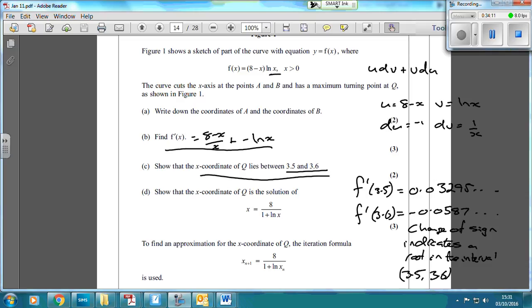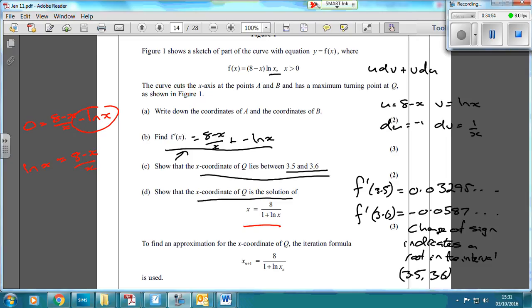Okay, show that the x-coordinate of Q is a solution to this. So now what we do is we're finding the actual x-coordinate. We're trying to set our gradient equal to 0. So we set 0 equals 8 minus x over x minus log x. Then we've got to solve for x. If we bring this over to the other side, we have log x equals 8 minus x over x.